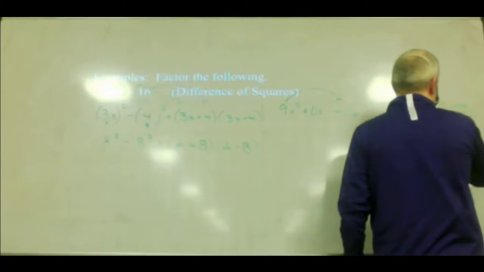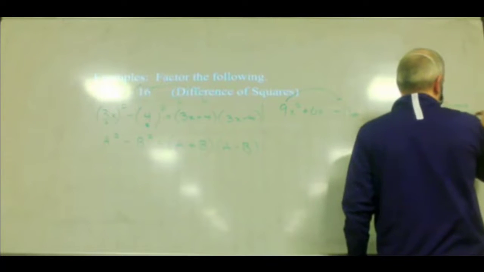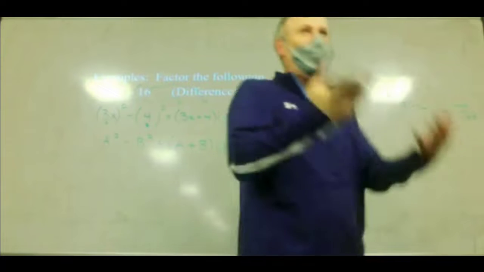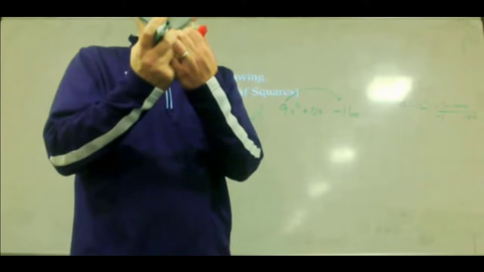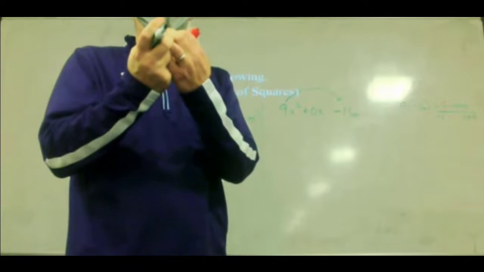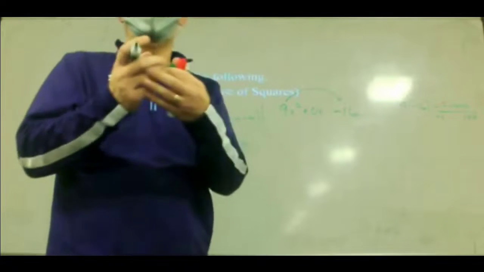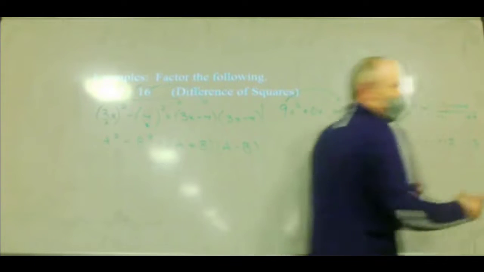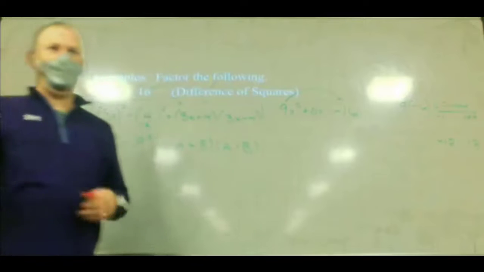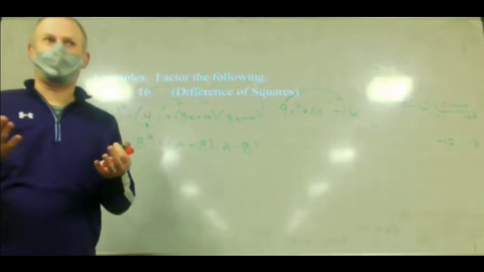We could start listing numbers, negative 1 and 144 and so on. But we need two numbers that are equal that multiply together to be 144, right? You know what those numbers are? And if you're not sure, you can just keep going down the list. But it ends up being a negative 12 and a positive 12. 12 times 12 is 144.